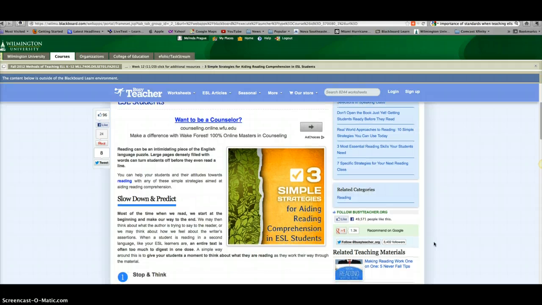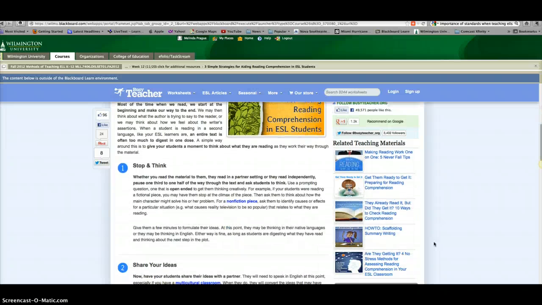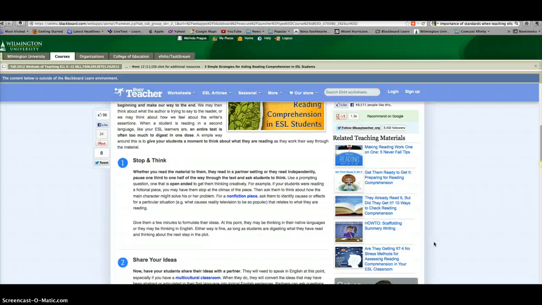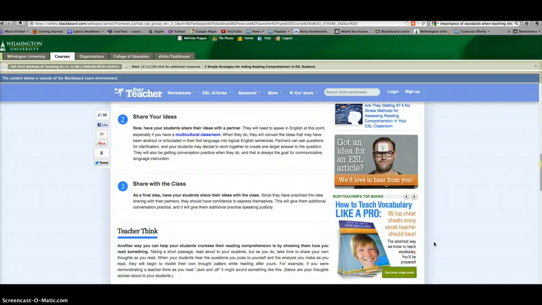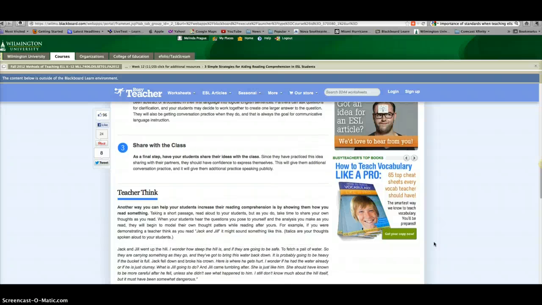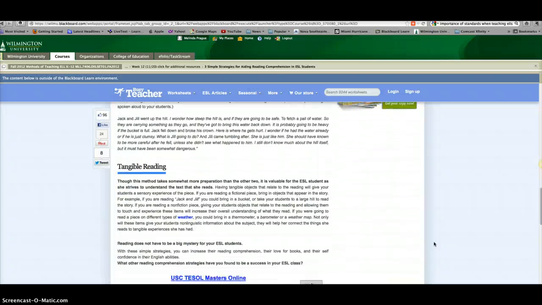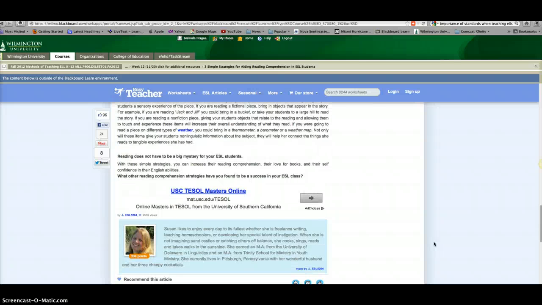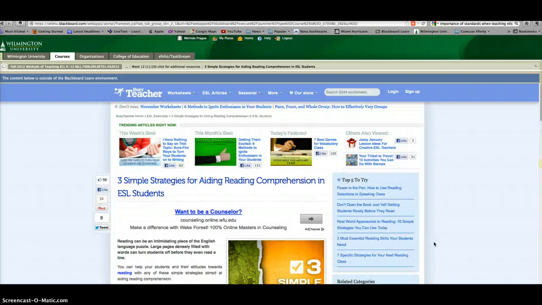The first one is stop and think. And it gives you some examples of how to use this, sharing your ideas, sharing with the class. See if these are useful for you and if this is a worthwhile site.